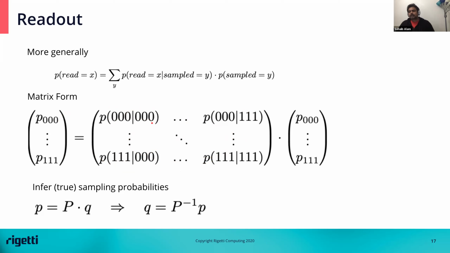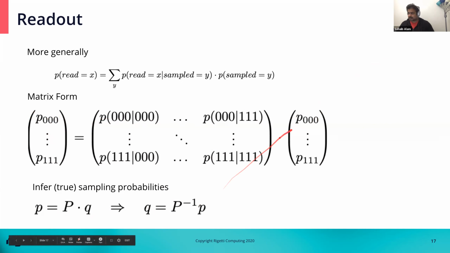But anyway, once you know what this column vector is, and once you know what this matrix is, then writing it out as a matrix equation, it's a simple deal to solve for this column vector. You simply invert this matrix, and you multiply the inverse of that matrix by the vector that appears on the left-hand side, and that gives you the true sampling probabilities.